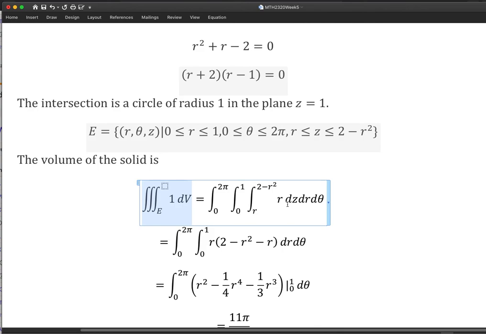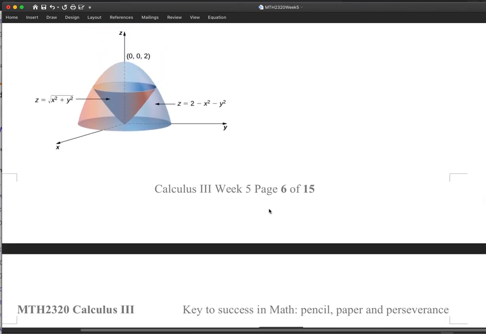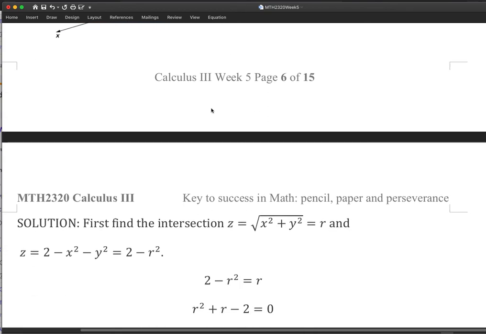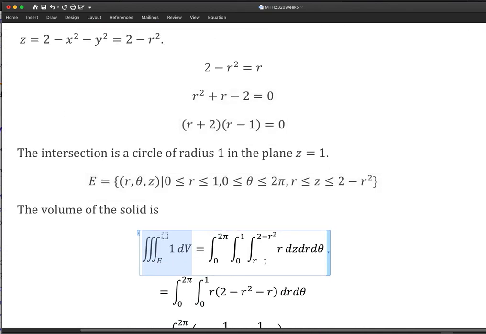And z, as we already explained, is observed from the graph. The lower portion is from the cone, so that's r. The upper portion is from the paraboloid, so that's 2 minus r squared in the integral.